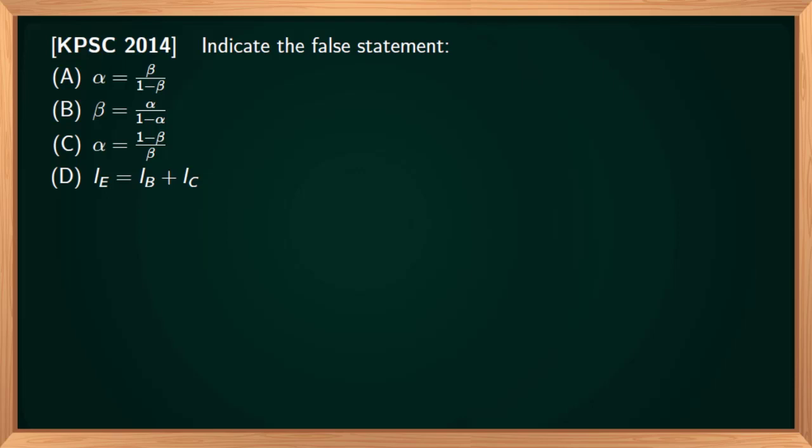Indicate the false statement. Option A, alpha equal to beta by 1 minus beta. B, beta equal to alpha by 1 minus alpha. C, alpha equal to 1 minus beta by beta. Option D, IE equal to IB plus IC.